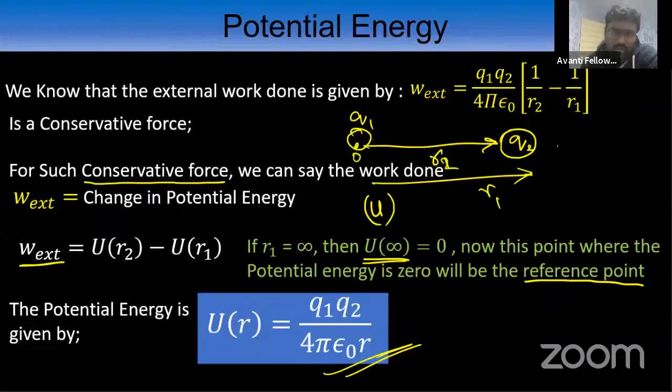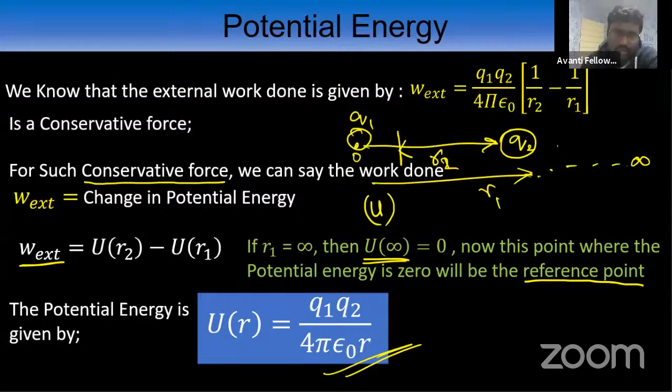Right now, say my infinity point is somewhere farther away. I'm going to give one more example. Consider this condition, I have Q1, Q2, and an infinity point. Now, from infinity, if I have to bring, I have to apply more force. At infinity, there will be zero potential energy, but here I'll be having some potential energy. Now, how much work is to be done if I have to move this charge Q2 from a distance of R1 to a distance of R2?